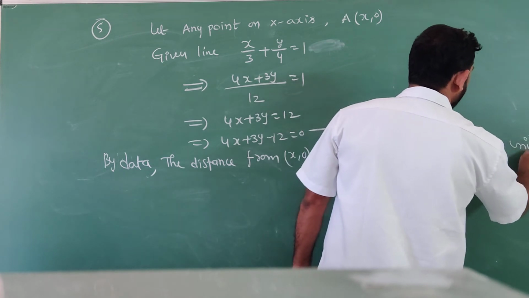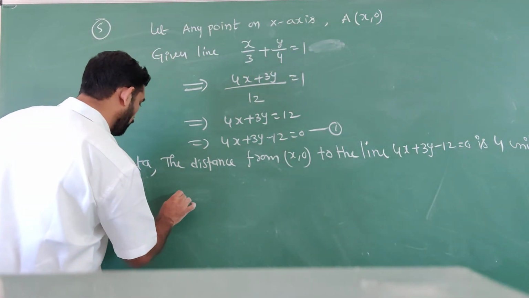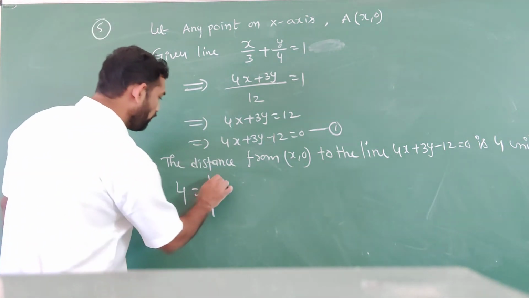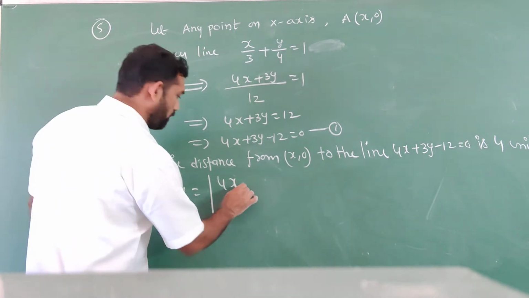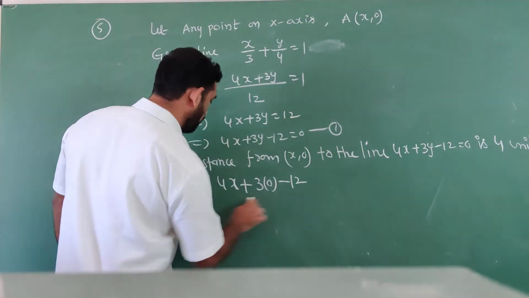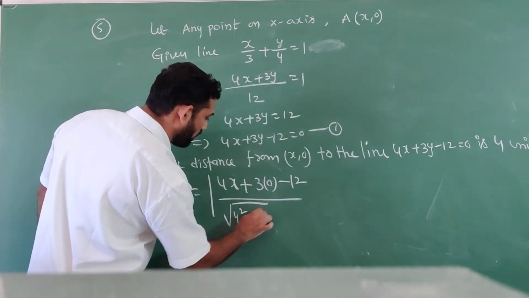So d = 4. 4 = modulus of (4 into x + 3 into 0 - 12) divided by root of 4 square + 3 square.